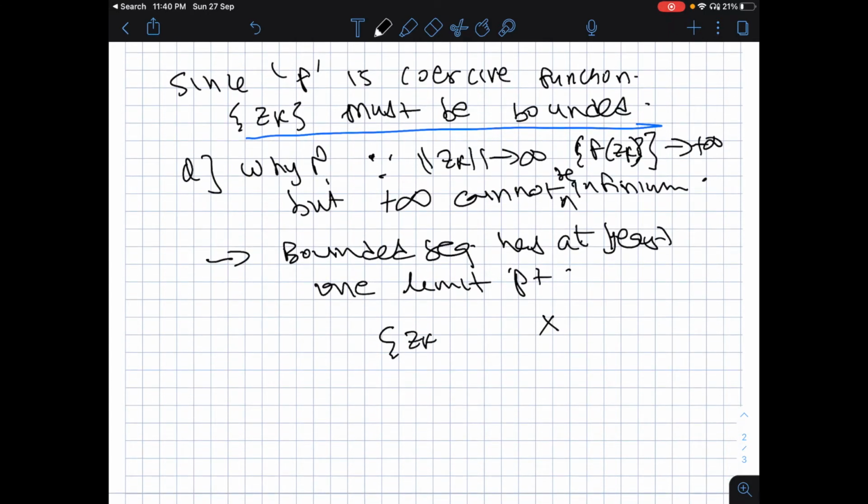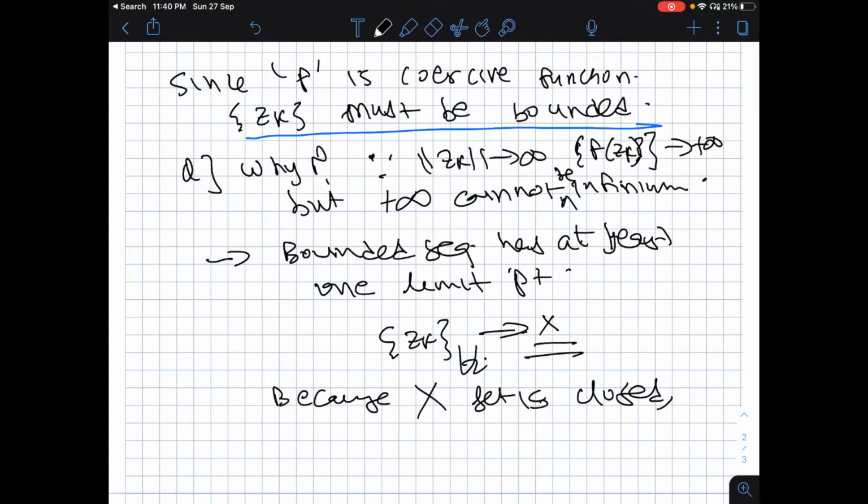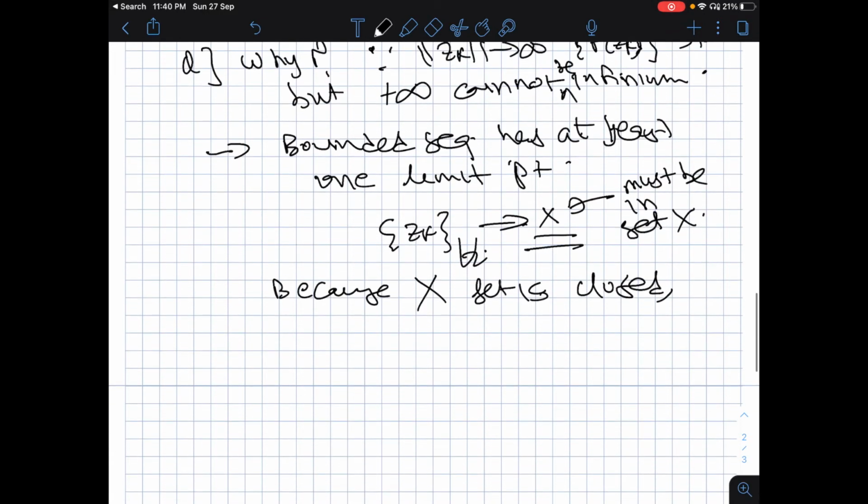That means you can at least force some subsequence on it, which I have shown by calligraphic K, such that this limit point is x, and because the capital X set is closed, this limit point must be in set X. It is either an interior point or a boundary point, but both of them are already there in the set X. So therefore this limit point is also in the set X.